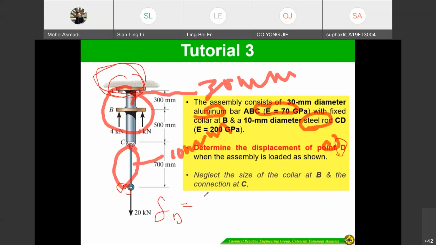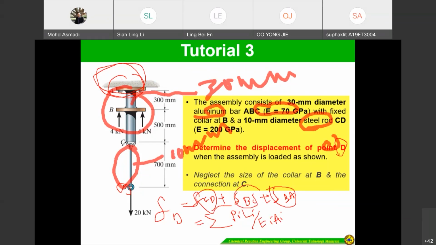Delta D, so by using the equation, meaning delta AD, delta CD plus delta BC plus delta AB. So this is the summation of PL divided by EA for each material.